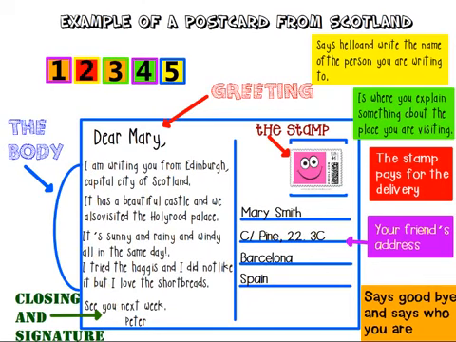Number 3, the closing and signature. You say goodbye and you write your name, of course. You identify yourself. Number 4 is the address of the person you're writing to. And number 5, the stamp. Very easy, yeah? Only 5 steps.